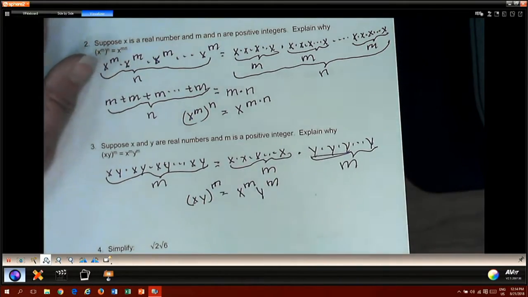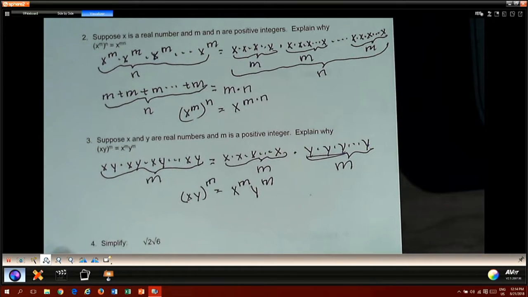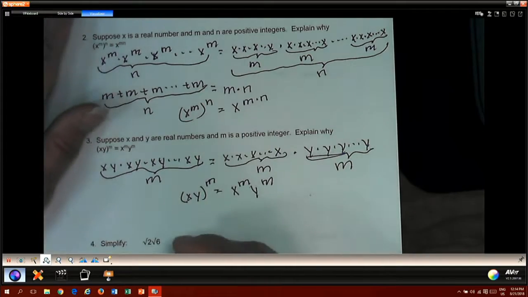So xy quantity to the m becomes x to the m, y to the m. You can basically distribute out the exponent.